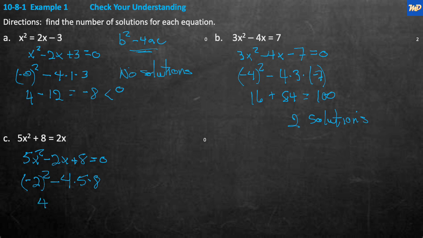And that is equal to minus 20 times 8, which is 160. So it's really 4 minus 160, which is negative 156. Is negative 156 greater than 0 or less than 0? It's less than 0. So that means there are no solutions.